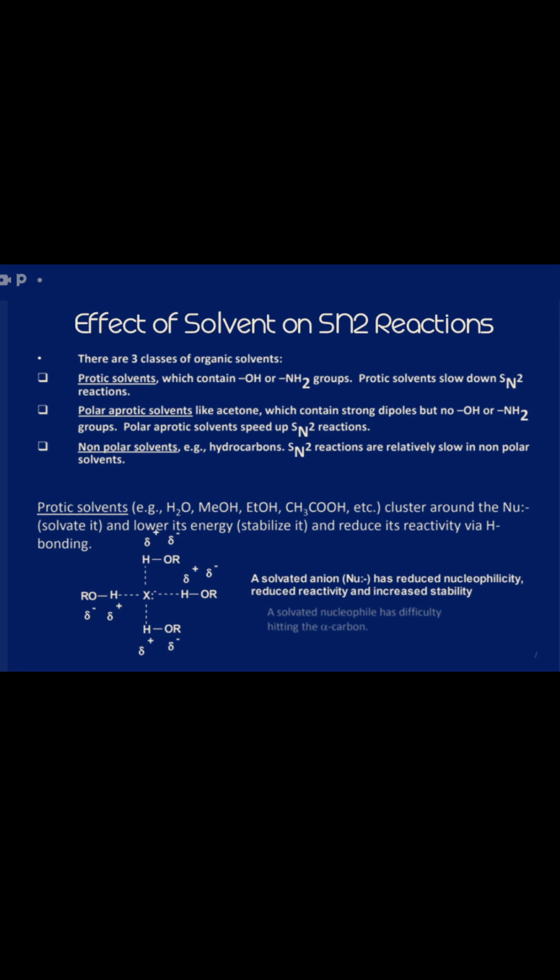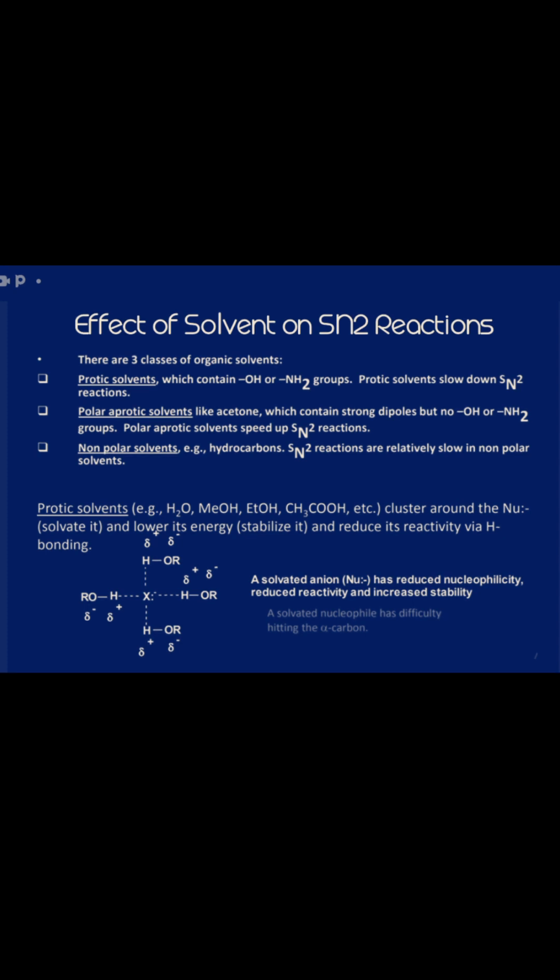Now come to the most important part of our lecture, that is the effect of solvent on SN2 reaction. You know that solvents are of three types: protic solvent, polar aprotic solvent, and non-polar solvent. Let's see the protic solvents' effect on the SN2 reaction.